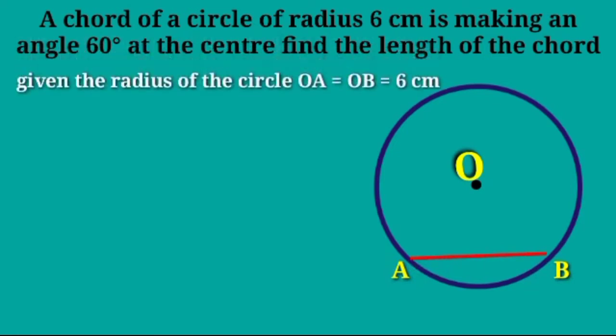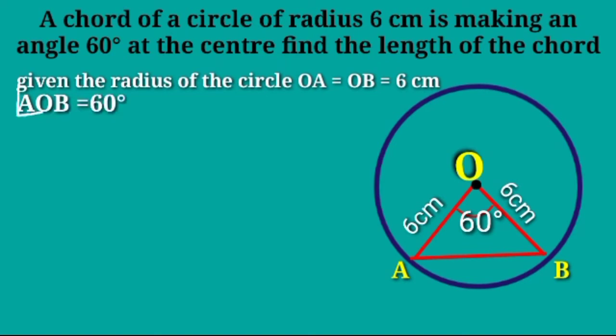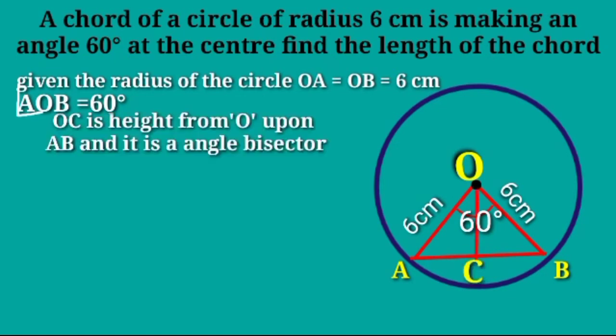Given the radius of the circle, OA is equal to OB is equal to 6 centimeters and angle AOB is equal to 60 degrees. OC is height from O upon AB and it is an angle bisector.